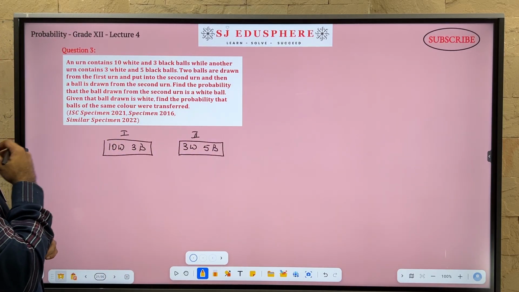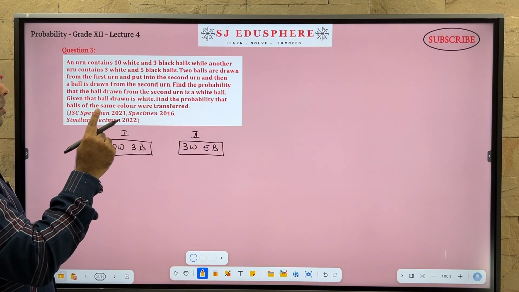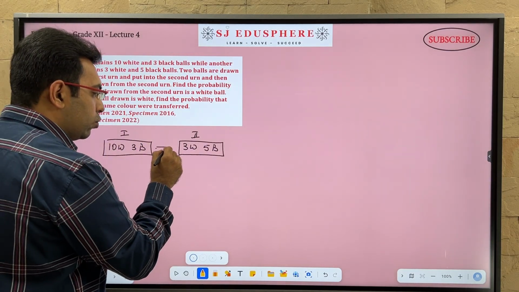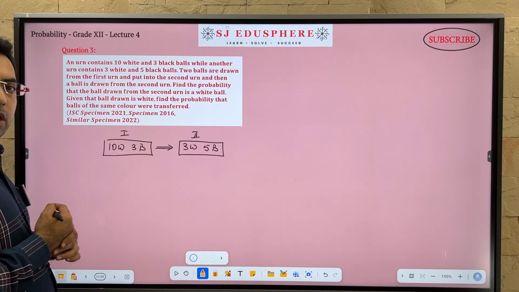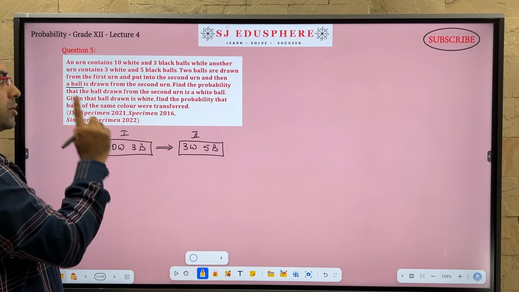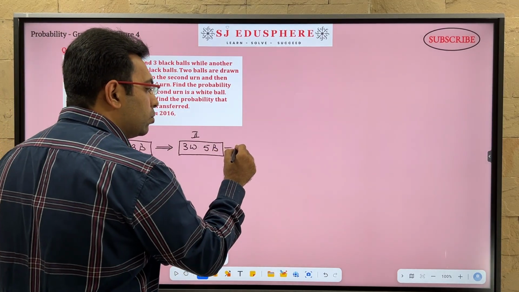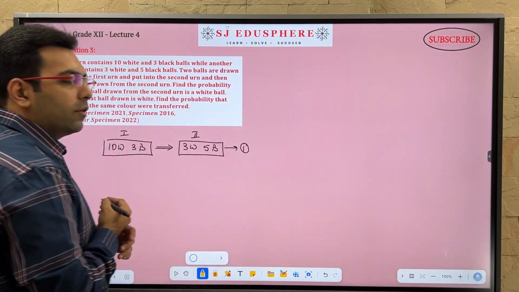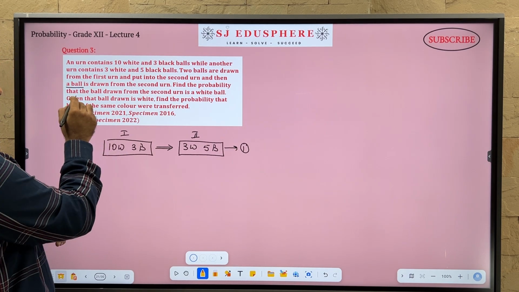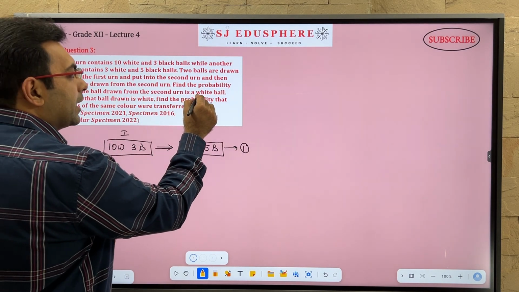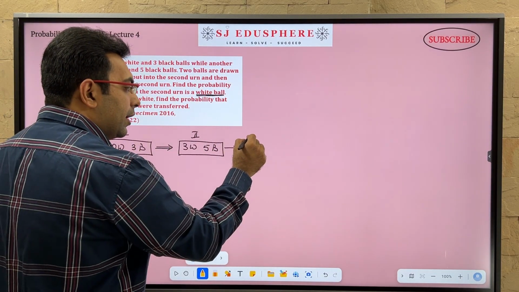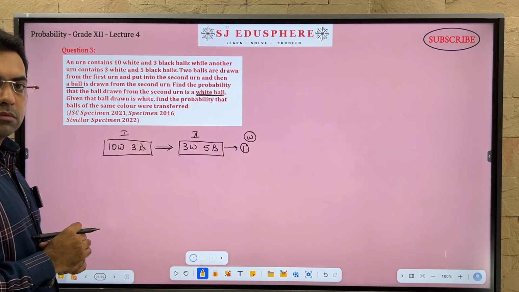Now, 2 balls are drawn from the first and put into the second urn. 2 balls are transferred from bag 1 to bag 2. And then a ball is drawn from the second urn. You are selecting only one ball from the second urn. Okay. Find the probability that the ball drawn from the second urn is white. Your interest area is to get a white ball.